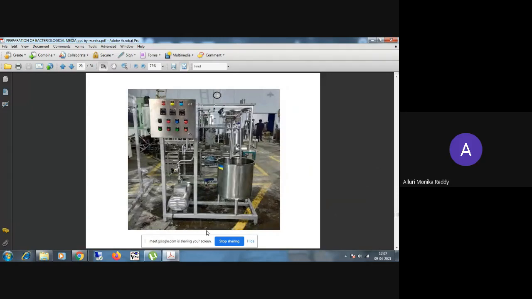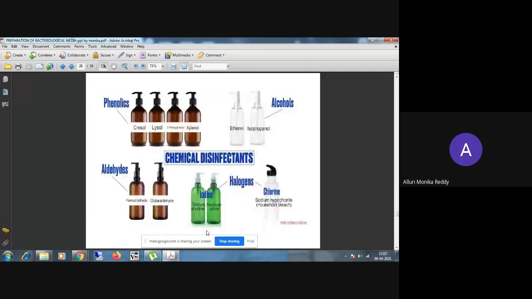And these are some of the chemical disinfectants, such as halogens like iodine and chlorine. All these are chemical disinfectants which prevent infections, used for sterilization on inanimate things.